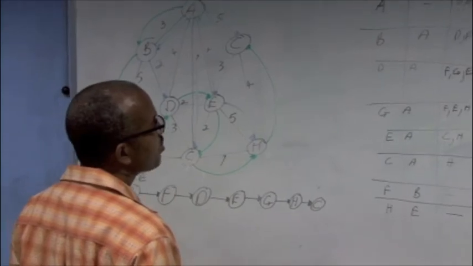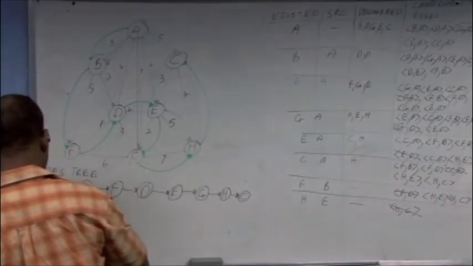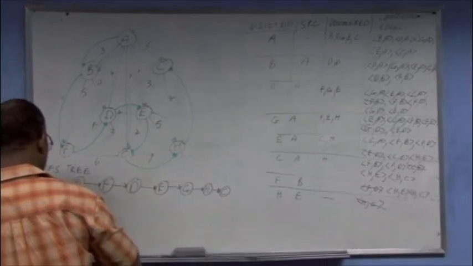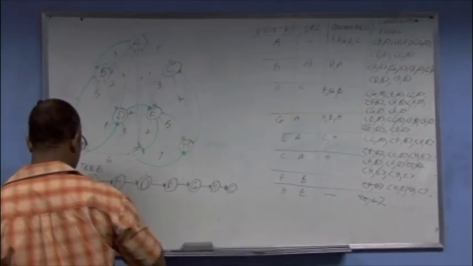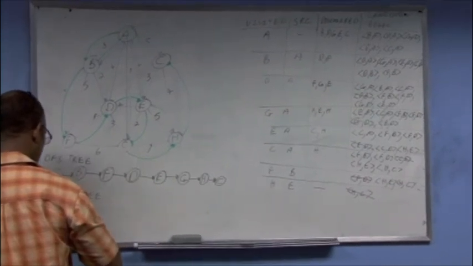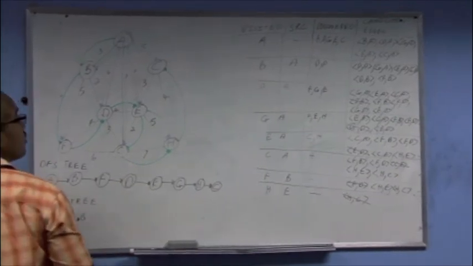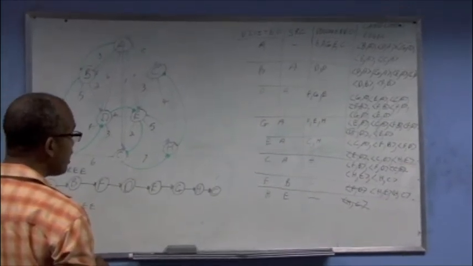Now to get our BFS tree, we'll start by saying, okay, we'll start at A, discovered B. A also discovered D, G, E, and C.